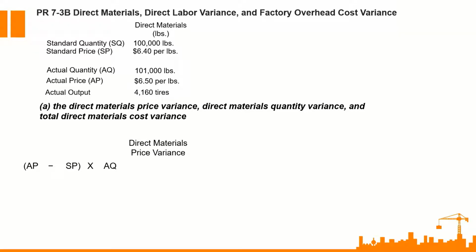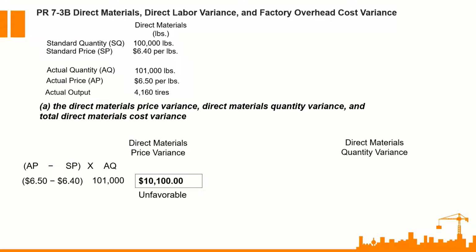It is actual price minus standard price times actual quantity. Since the values have already been given, we just need to input it, and the result will be $10,100. Unfavorable. Take note that it is unfavorable because the actual price is actually greater than the standard price.